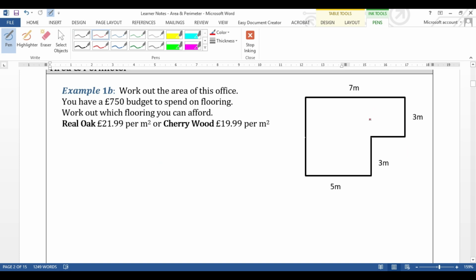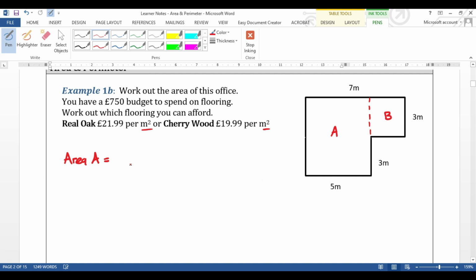Okay, so we're going to have to split the shape. That's one way of doing it. You could do it another way where you can complete the rectangle and work out the missing piece. I'm going to do it this way. Let's call that shape A. Let's call that shape B. So area A, and it's to do with area, hopefully you notice, because it's to do with meters squared, and they're going to cover the floor, so that's inside all of this.